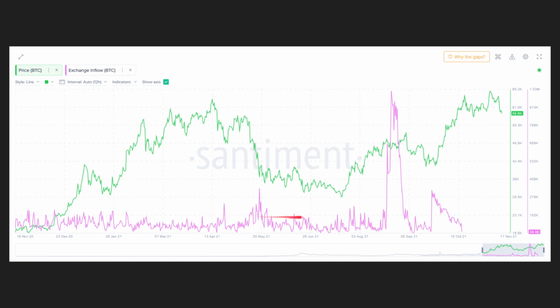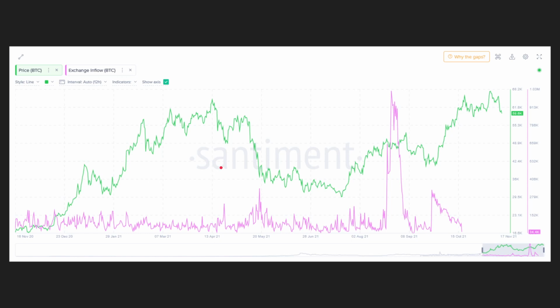Typically the exchange inflow remains around this level that I have highlighted, and there are certain spikes in exchange inflow, indicating key moments where more Bitcoin is being sent to the exchange, which could precipitate a sell-off. People are moving their coins to the exchange. Why would you move the coin to the exchange if not to sell?